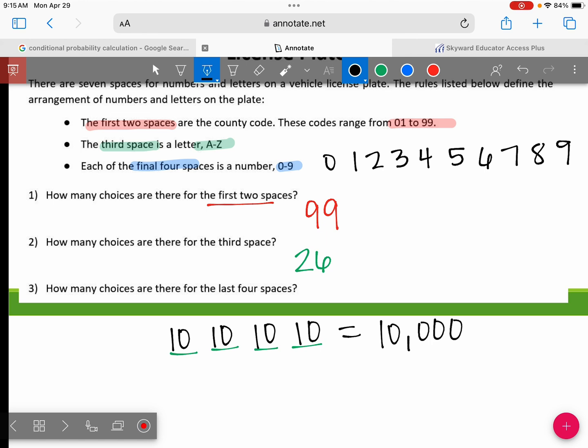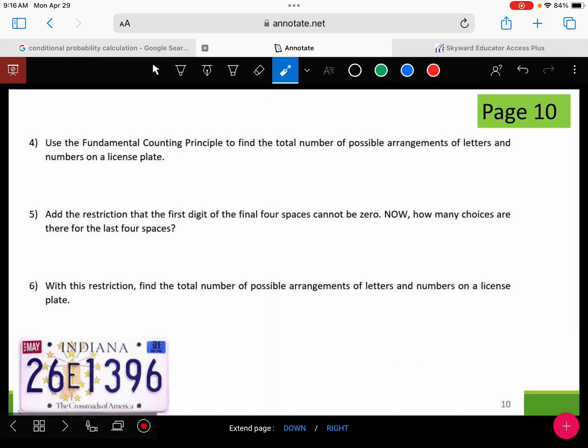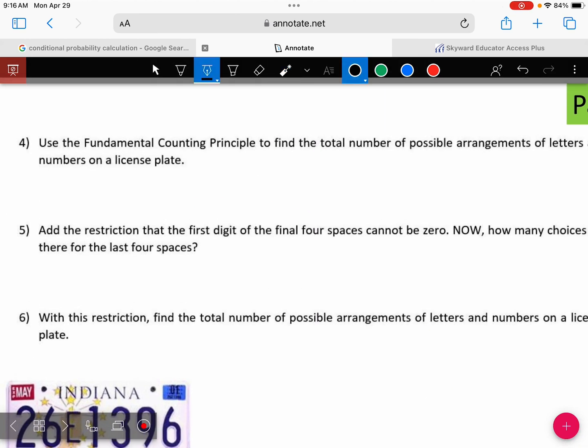So for question 4, it says, use the fundamental counting principle to find the total number of possible arrangements. So what that means is in your calculator for question 4, you're going to multiply these 3 numbers. You're going to multiply 99 by 26 by 10,000. So take 99 times 26 times 10,000.